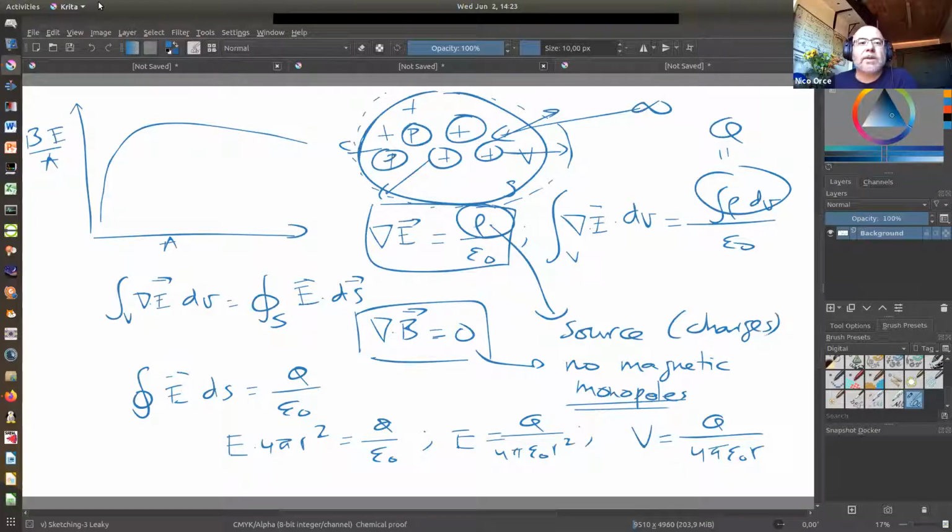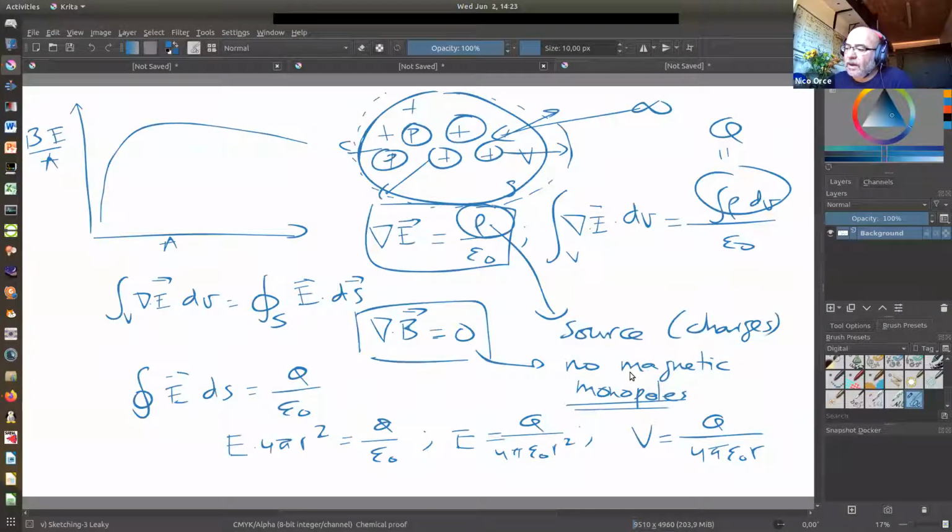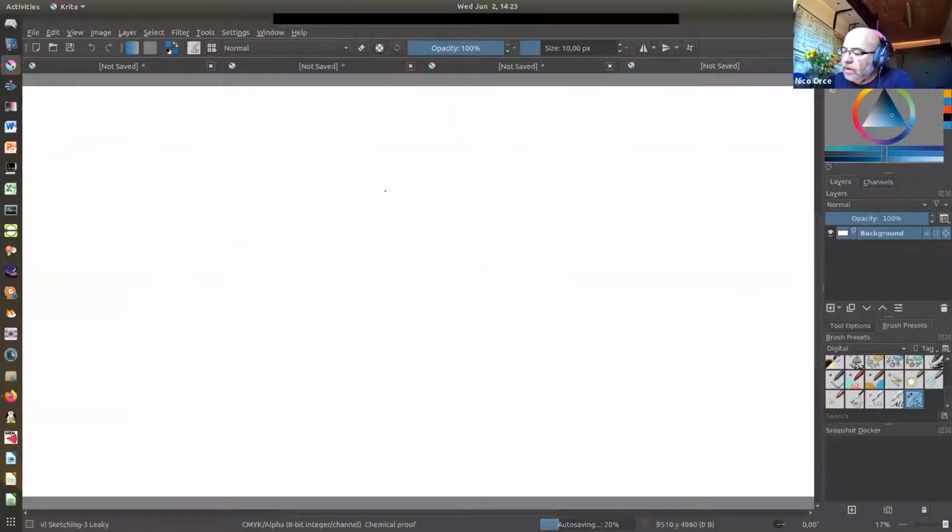So that would be, let me just quickly open a new one. So that will be the work done. I want you to get this. Actually, I'm going to give you the solution, which is 3/5 of 1/4 pi epsilon naught q square divided by the radius of the nucleus.